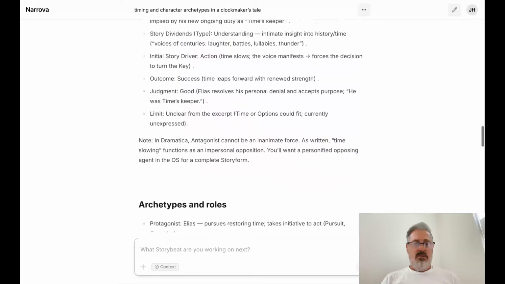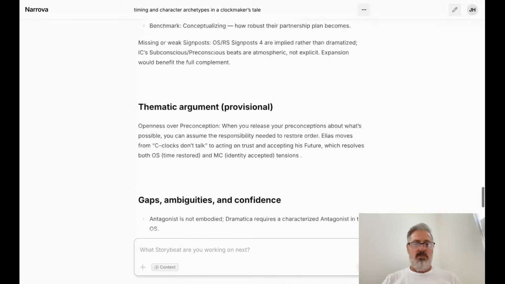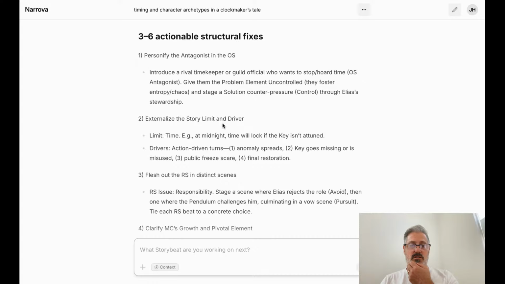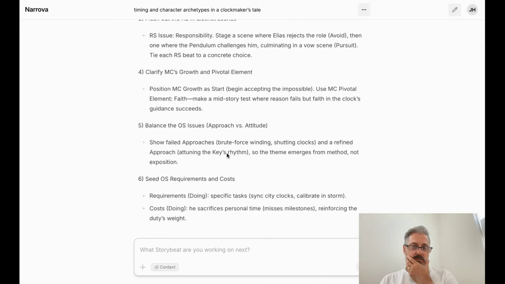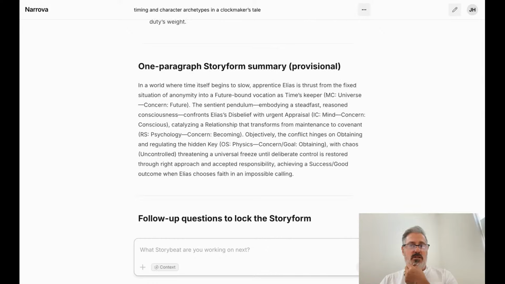It has a bunch of ideas about this stuff: archetypes and rules, proposed signposts, thematic provisional. Three to six actionable items. Personify the antagonist. All right, so there's no antagonist. Externalize the story limit and the driver. Flesh out the relationship story. Clarify the main character. Grow the pivotal. Balance the OS issues. There's a lot of work to do.